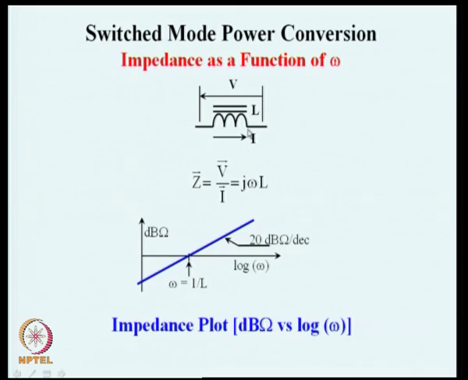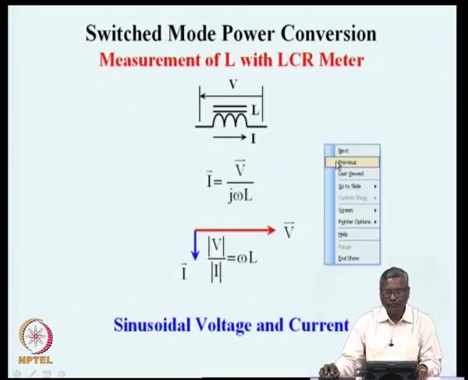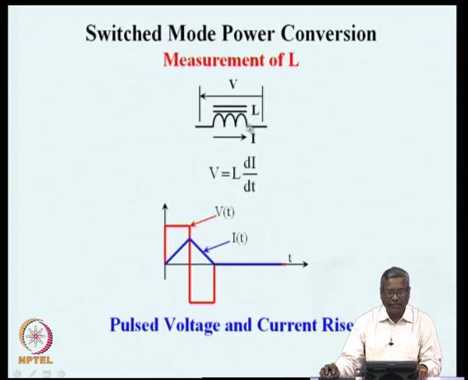We have seen that you can see the inductor through the transient relationship V is L di by dt. Whenever a voltage is applied, the current follows V by L slope, and when the voltage applied is negative, this current is having a negative slope.